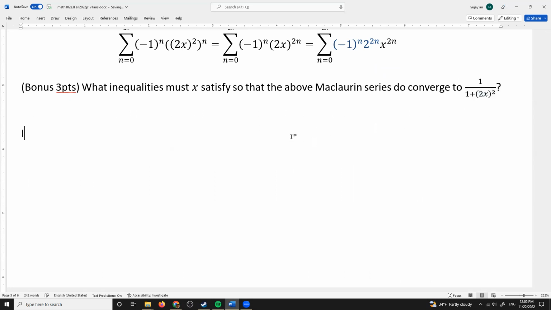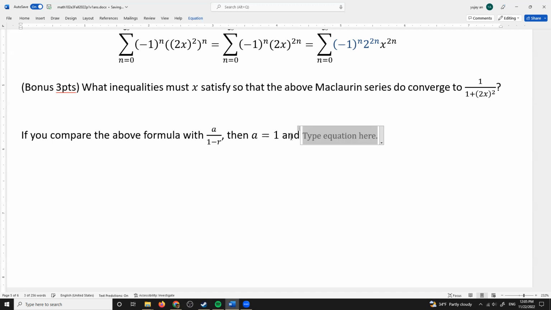If you compare the above formula with the formula a over 1 minus r, then a is 1, and r is negative 2x squared.